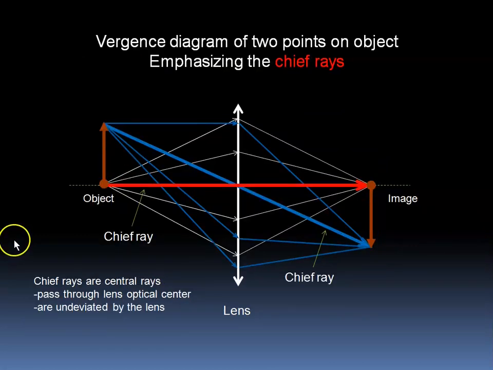Here we show the same divergence diagram, but have highlighted the central ray in each group of diverging rays from the 2 points. These central rays cross through the lens undeviated and go through the optical center of the lens. These are called the chief rays.